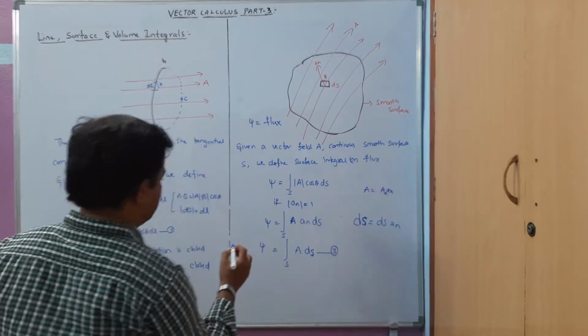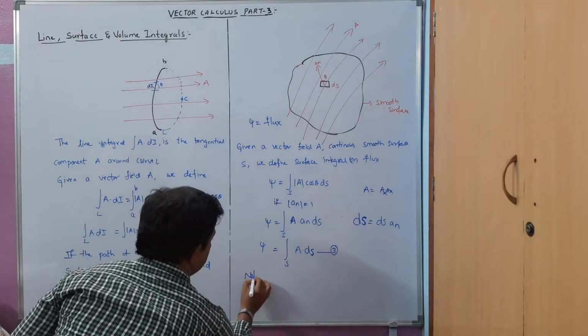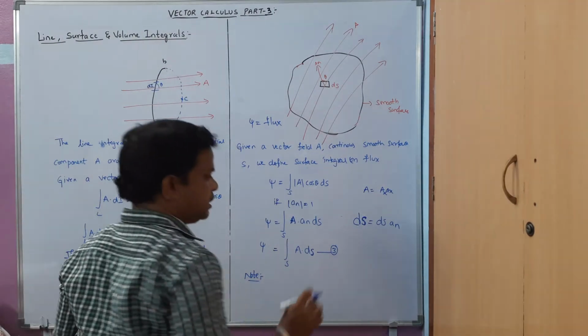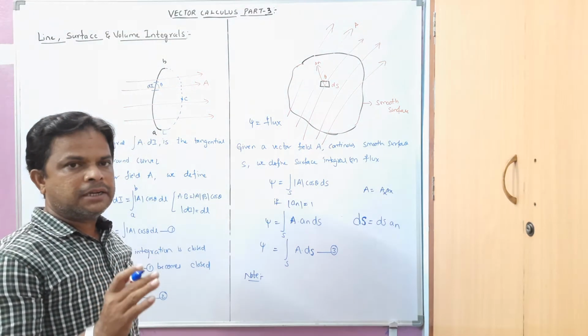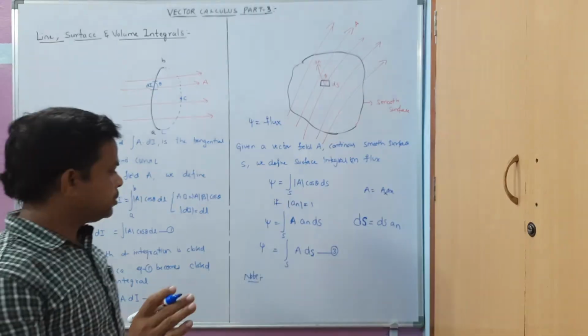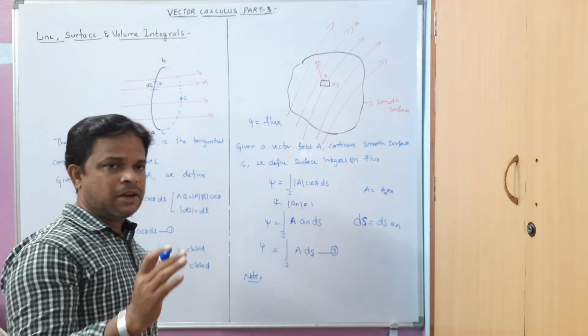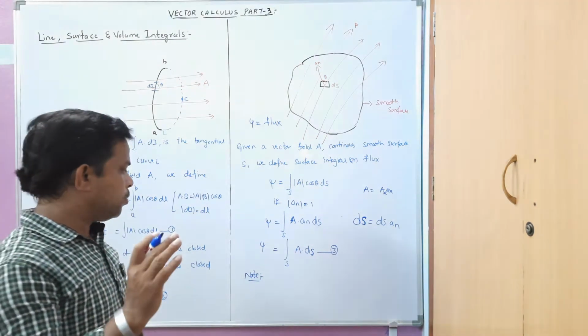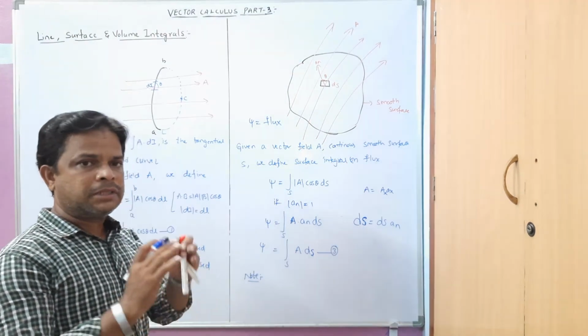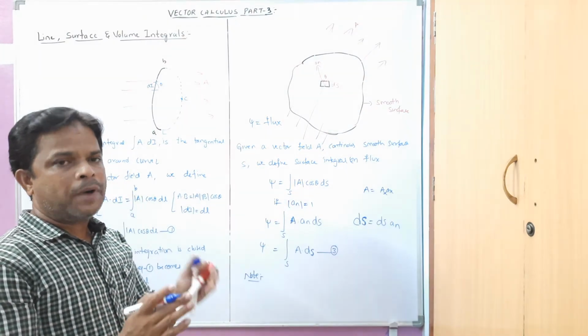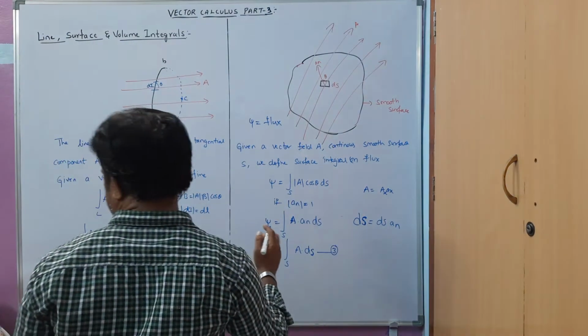Now, volume integral. We have to make one note here. A closed line integral is defined as the open surface integral, and a closed surface defines an open volume. That is the important point we need to write.